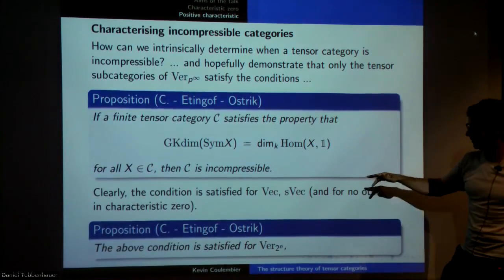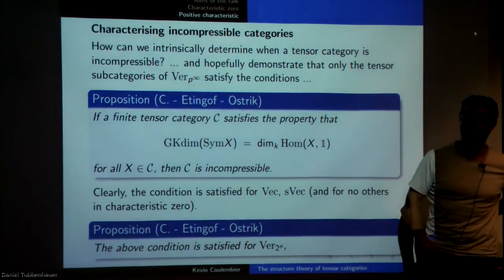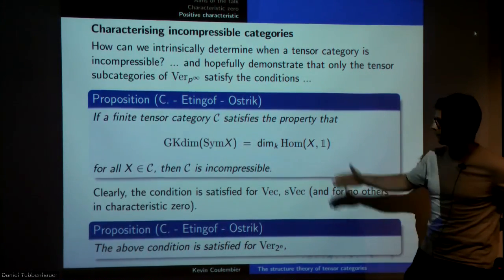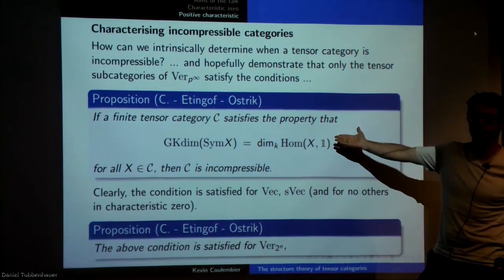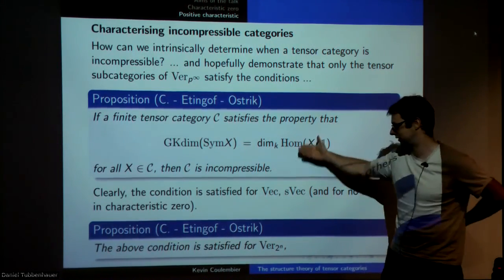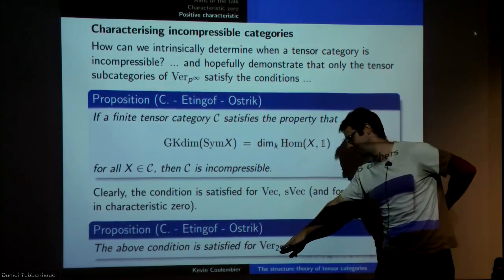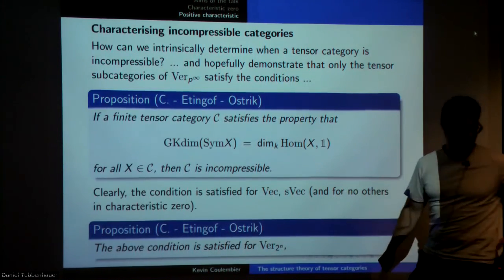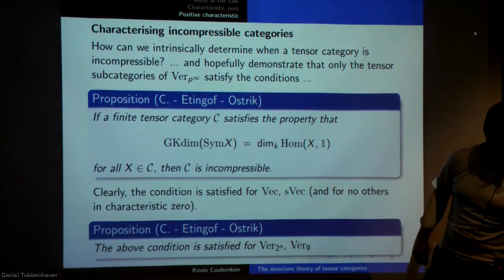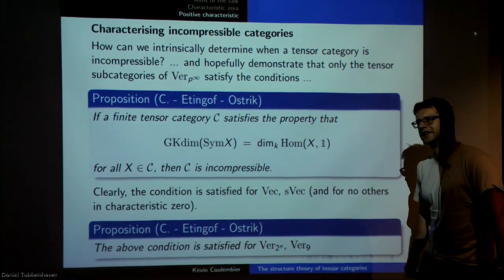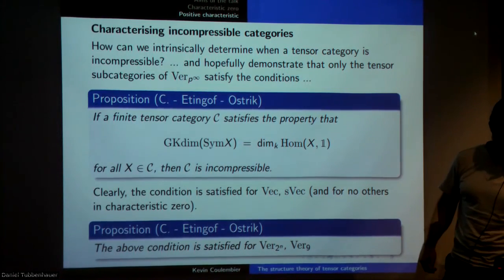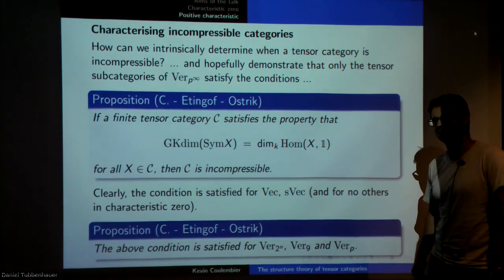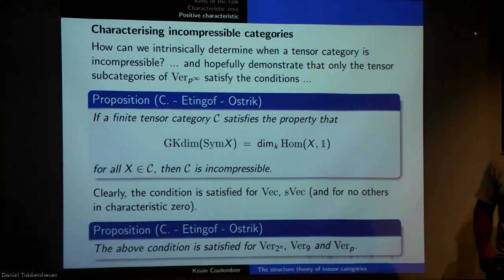We've been able to do that for characteristic 2, which is hopeful that maybe this could characterize incompressible categories. It's sufficient, and it's conjecturally necessary for p equals 2. For p equals 3, we've got up to 9. And for bigger p, we got up to 1. So it seems very difficult to check.